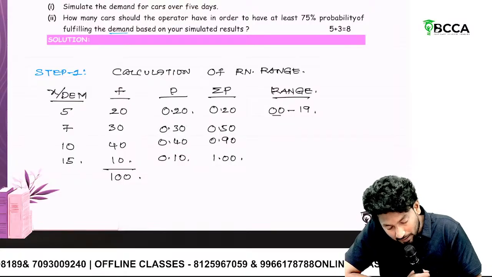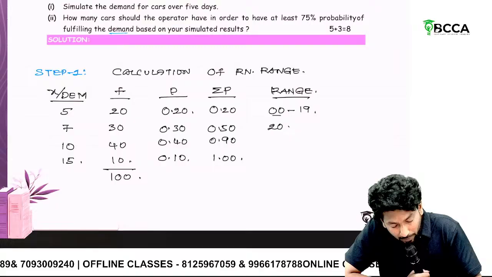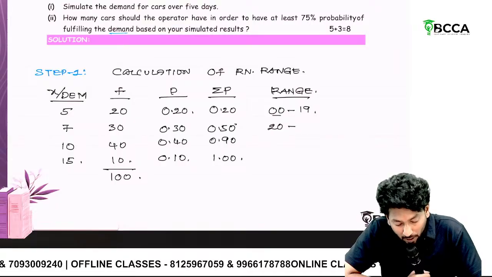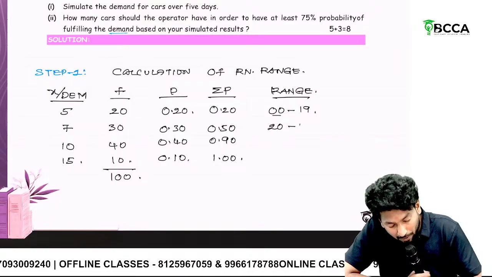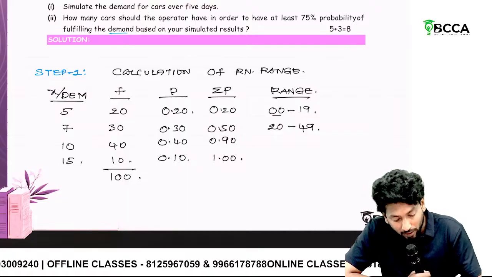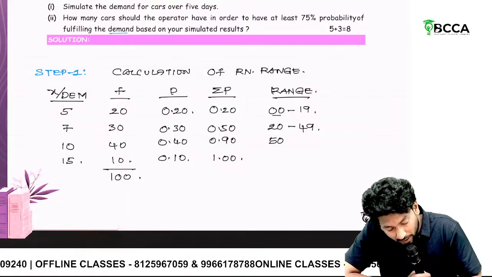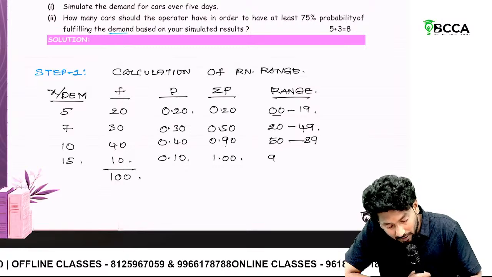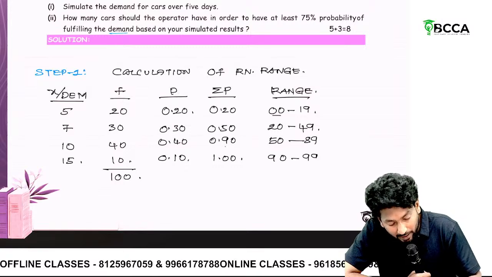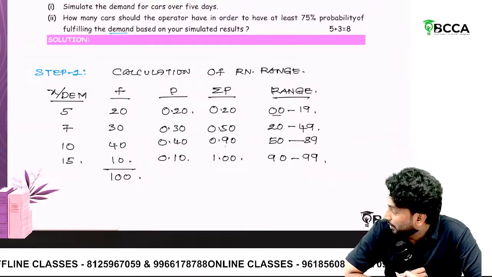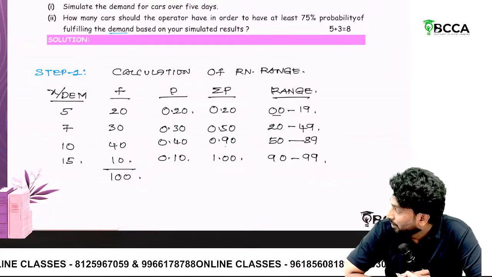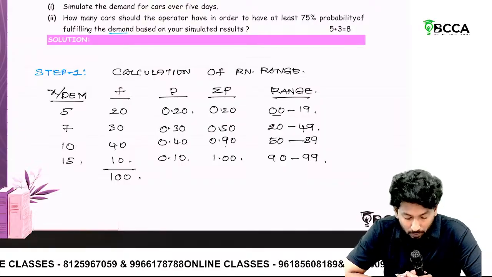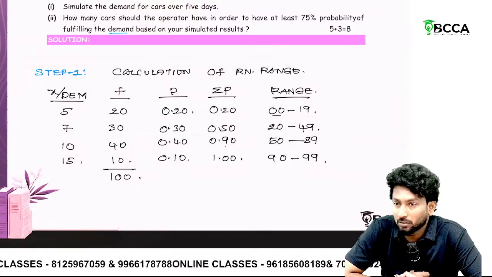Next range starts with 20 and ends with 49. Next starts with 50 and ends with 89. Then start with 90 and end with 99, sir. Now we can go to step 2. Done. Completed.